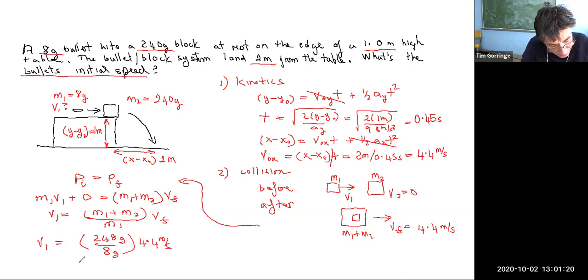And if you do this calculation, you get the bullet's velocity is about 137 meters per second. It's much larger than the bullet-block system's velocity because the bullet is much lighter. And so to conserve momentum, the very light bullet must be traveling very fast compared to the much heavier bullet and block system, which is traveling comparatively slowly.